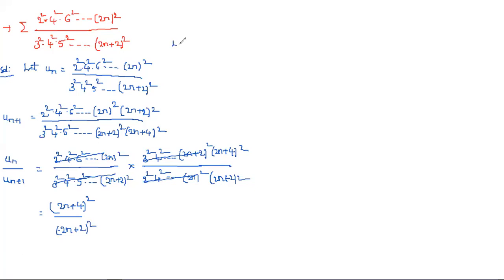Next one, if you apply limit for this, limit n tends to infinity, un by un plus 1 is equal to limit n tends to infinity, 2n plus 4 whole square by 2n plus 2 whole square. So directly we should not substitute limit in that, right?